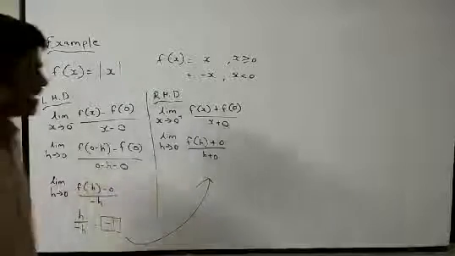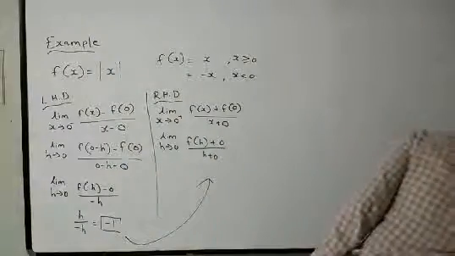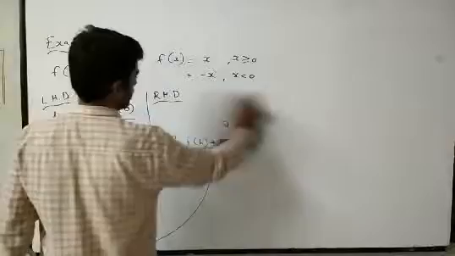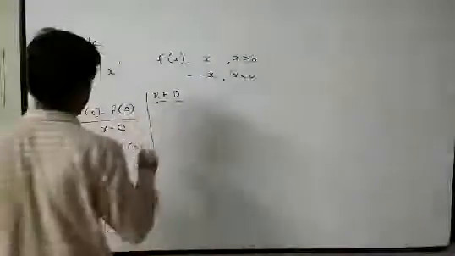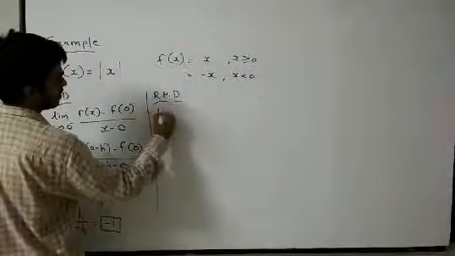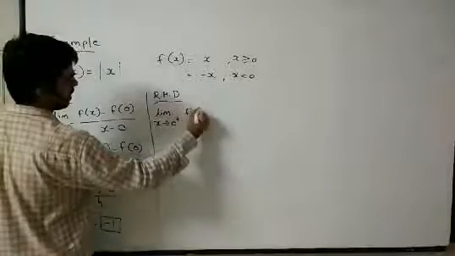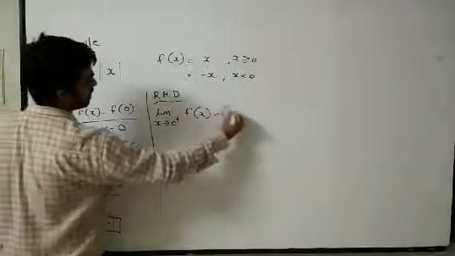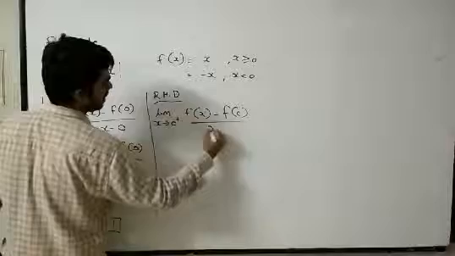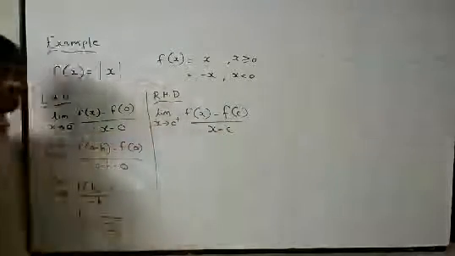How are we checking the right hand derivative? See, actually in the right hand derivative we have limit x tends to c positive, f of x minus f of c by x minus c. Here plus will not come, only minus, right?